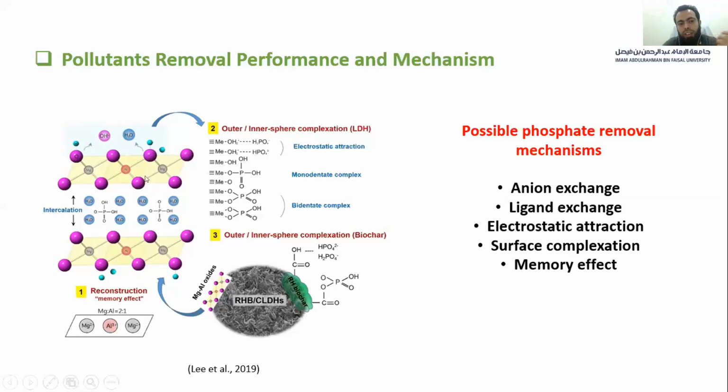Plus, these LDH composites contain oxygen groups, so they form monodentate and bidentate complexes with phosphate with the magnesium oxygen. The functional groups on the surface of biochar also form complexes with the phosphate anion. So the combined, multi-mechanism effect leads to better removal performance of phosphate from the water phase.